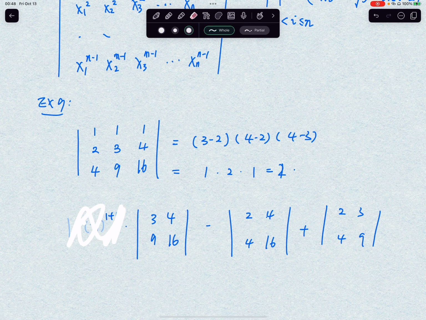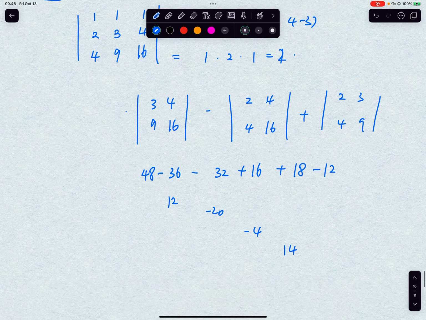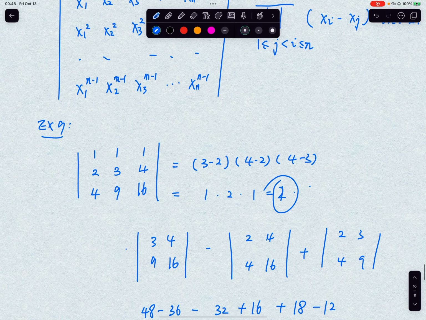So we have 48 minus 36, minus 32 plus 16, and plus 18 minus 12. So this is 12, this is minus 16, and this is 6, which gives 2. So yes, this formula is very powerful.